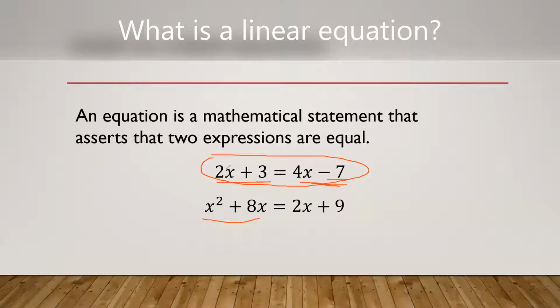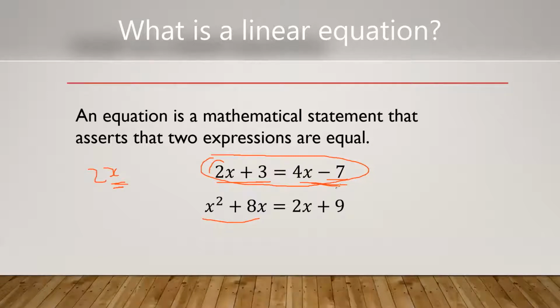Now, we've got here 2x. So the variable is x. 2x is a term in x, and the 2 is called a coefficient. So when you have 2x, x is the variable and 2 is called the coefficient.